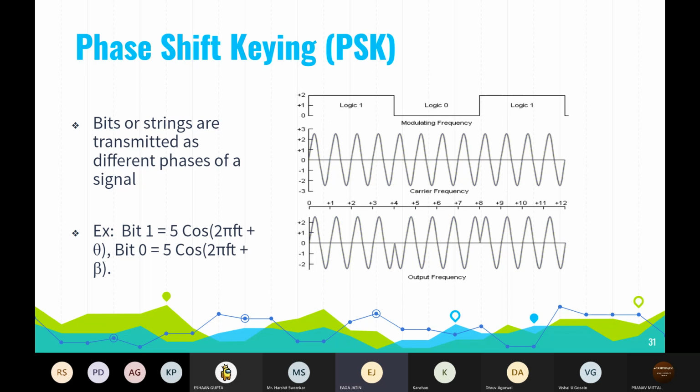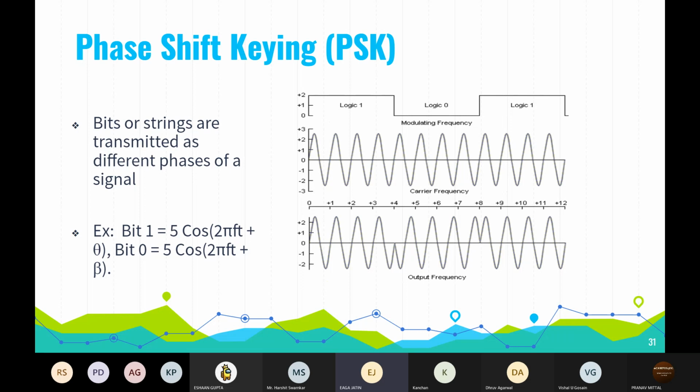So let's understand how it takes place with an example here. Here it is 1, so there is no change at the start of the waveform and the carrier wave is transmitted, and at this place it changes from 1 to 0. The digital data following is 0. So we can see a phase shift taking place, changing by 180 degrees.